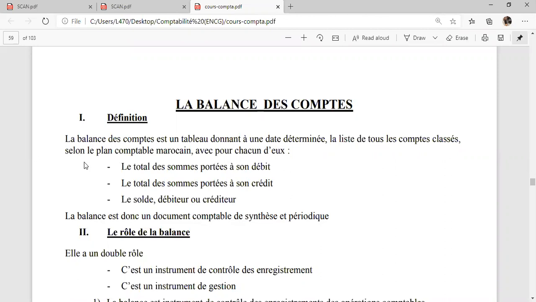It works on the same principle as the grand-livre, except it's written as a table. The grand-livre is written as individual accounts, and it is placed into a table.